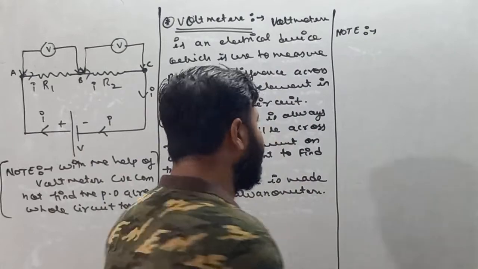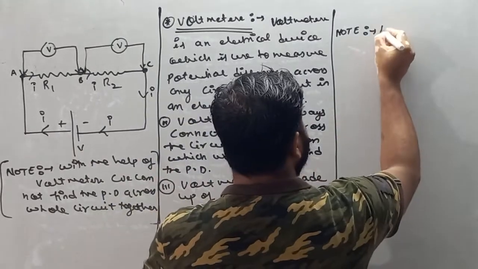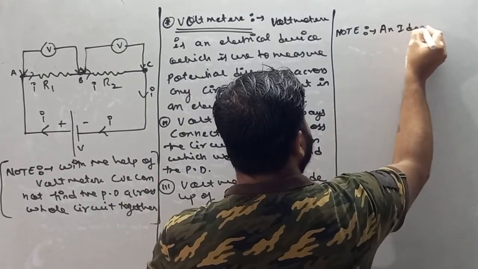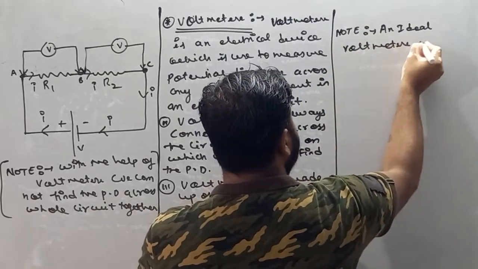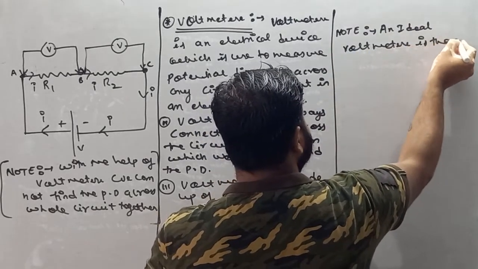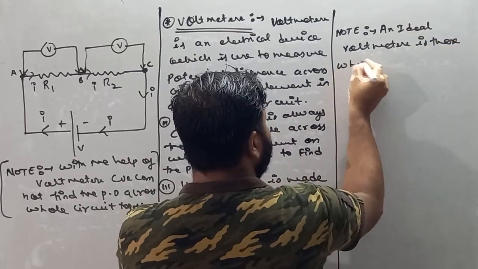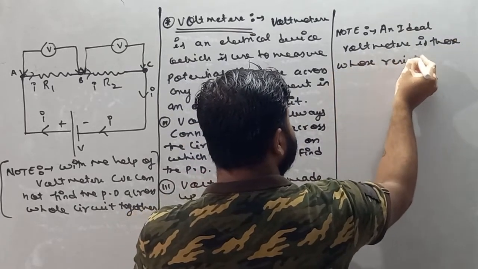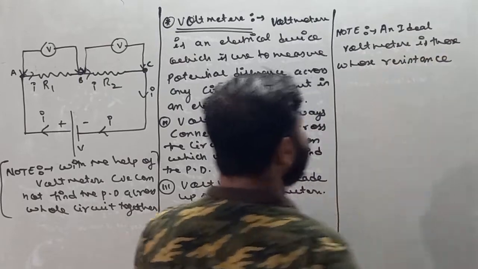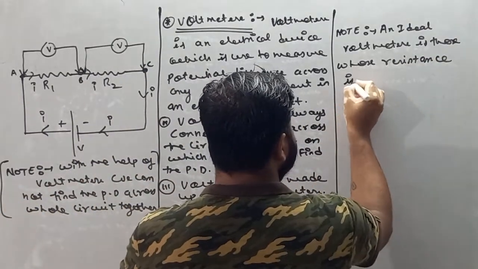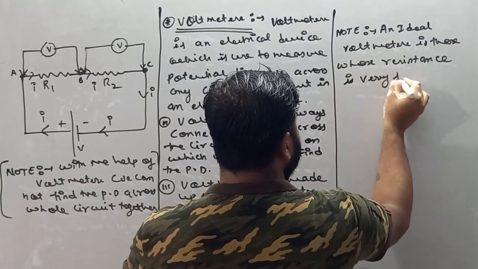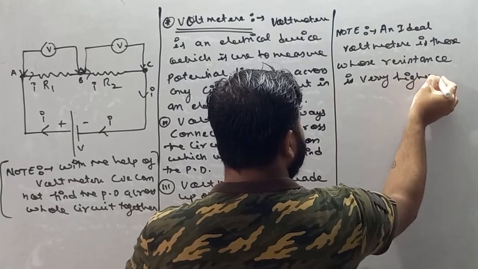So write down in form of a note: an ideal voltmeter is one whose resistance is very high.